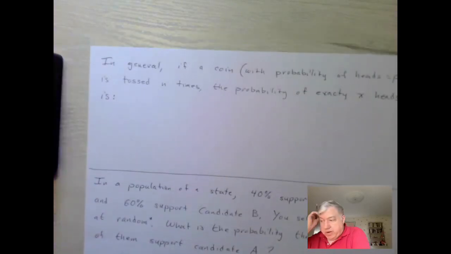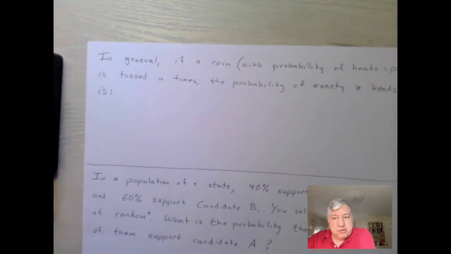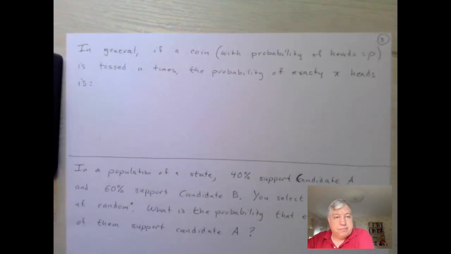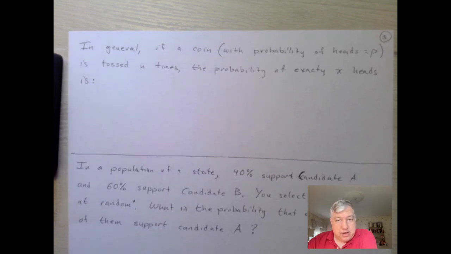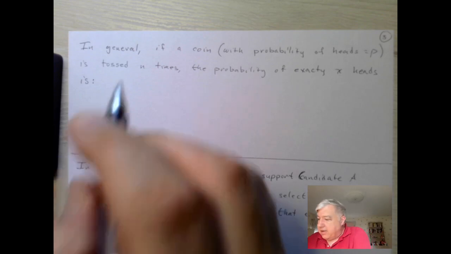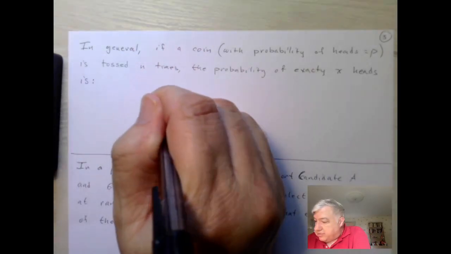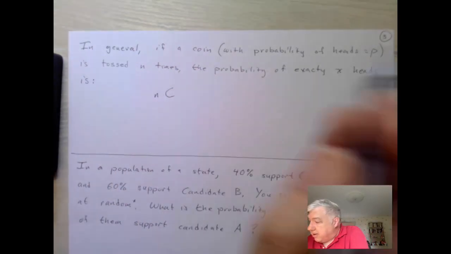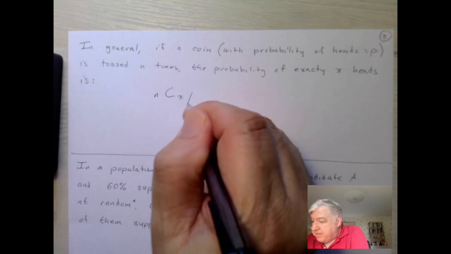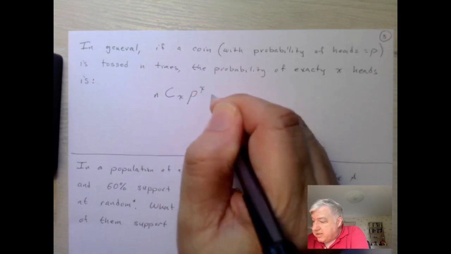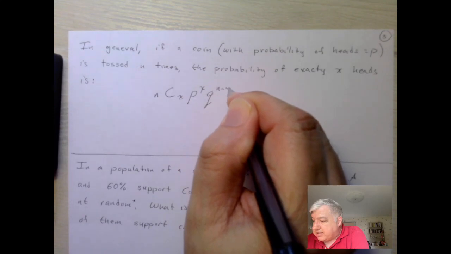So in general, if we toss a coin where the probability of heads is equal to p, and it's tossed n times, then the probability of exactly x heads is going to be n choose x times p to the x times q to the n minus x.